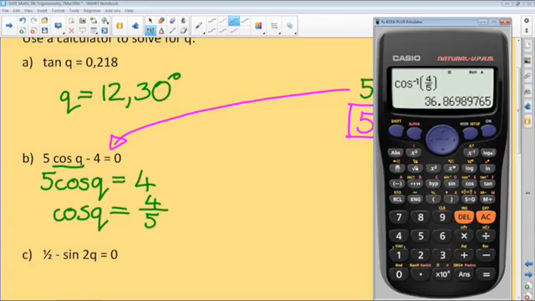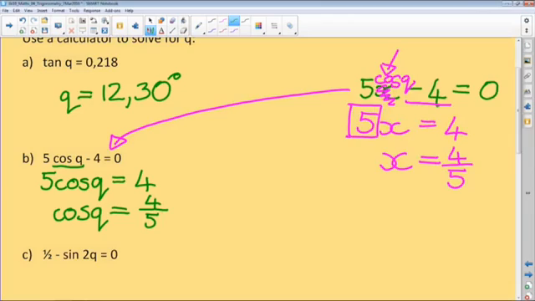Okay, so in this case, Q is equal to 36.869. I'm going to round it off to 36.87. Let's write that down. Therefore, Q is equal to 36.87 degrees.